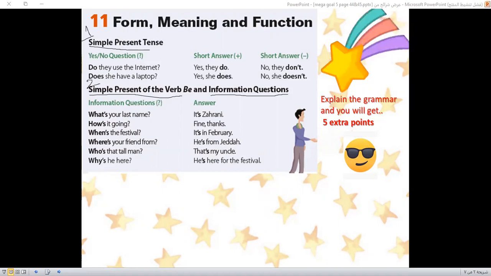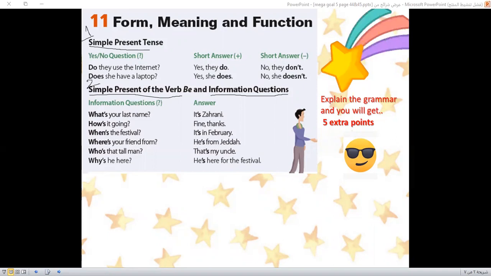And we write the question. The answer will have he, she, it.